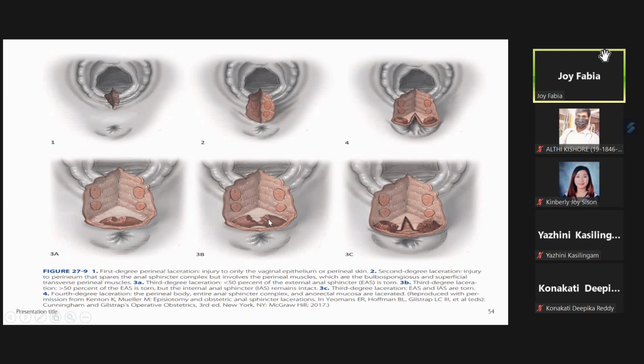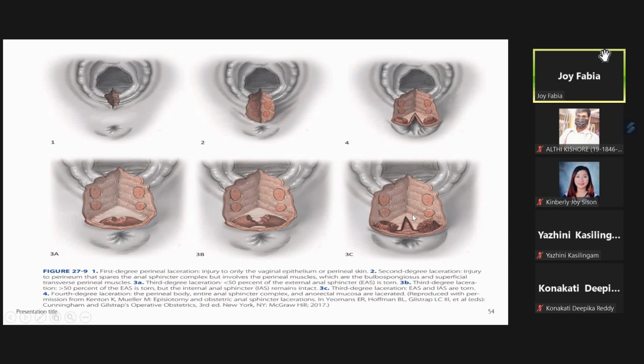external anal sphincter. So this is the external sphincter. And then for the 3C, this is the external anal sphincter and this is the internal anal sphincter. So in 3C, the internal anal sphincter is already included.